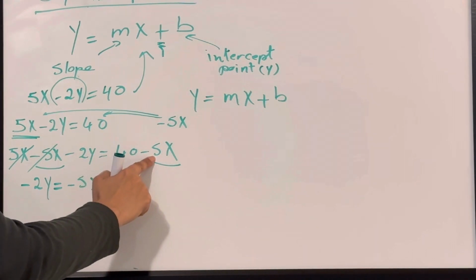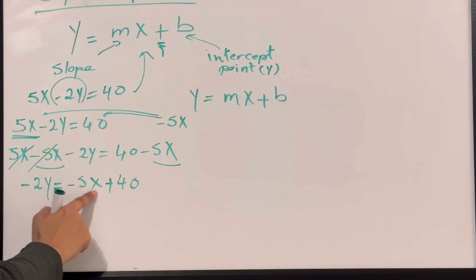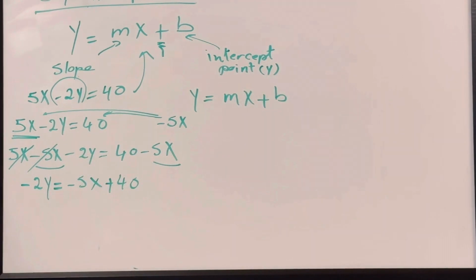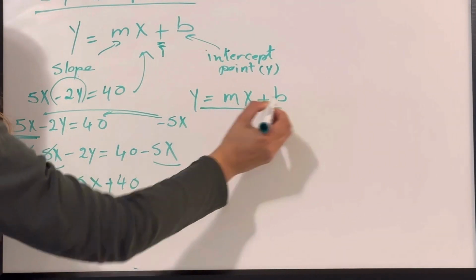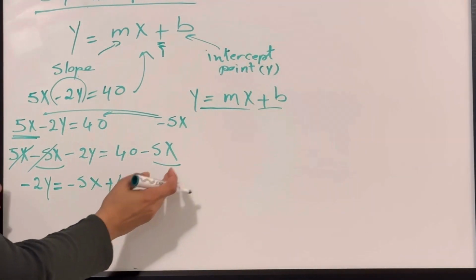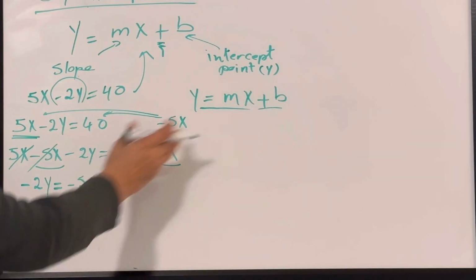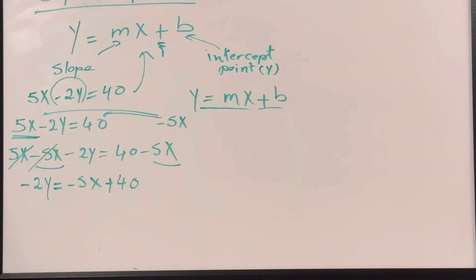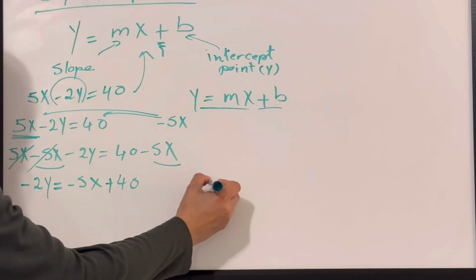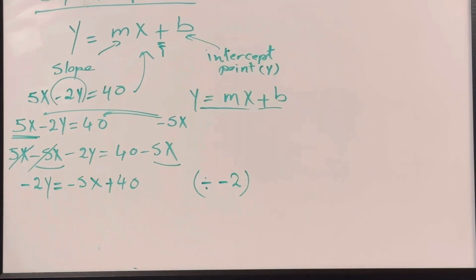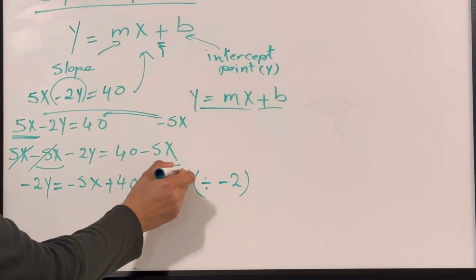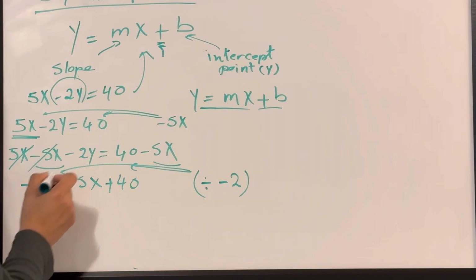So it's minus 5x plus 40. Because I want to arrange it to have exactly the same form like that. That's why I'm arranging the x to be in the beginning, so I can see how I'm copying the other form. Now I still have to have the y by itself, so I have to divide both sides of the equation by minus 2. So I have to divide this side and also this side.